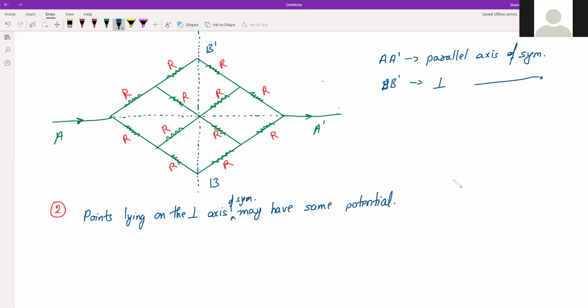It's simple, because current comes here and it gets divided into two paths, and the two paths are symmetric. Symmetric in the sense they have the same resistors, they have the same path. So that means the current will also get divided equally. So if there is suppose 10 ampere current here, it will be divided into 5 ampere and 5 ampere.